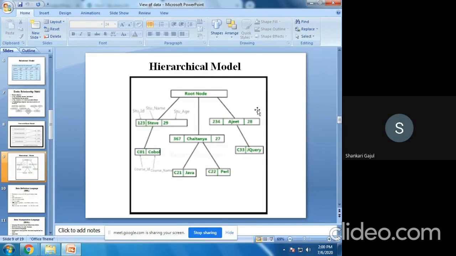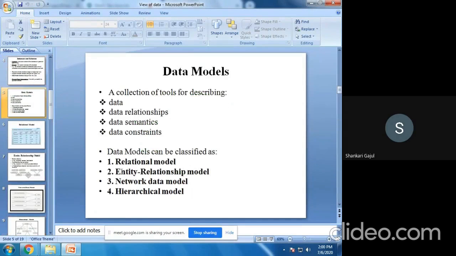So this is the hierarchical data model. The data should be represented in the form of an arbitrary graph. So this is all about the data models: relational, entity, network and hierarchical data models.